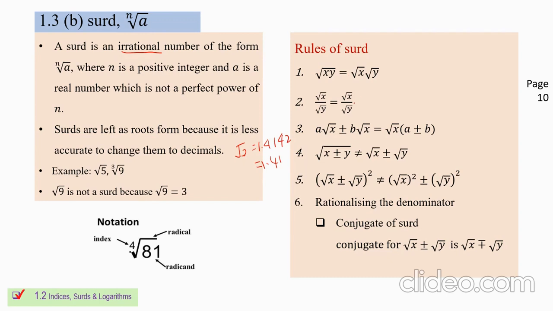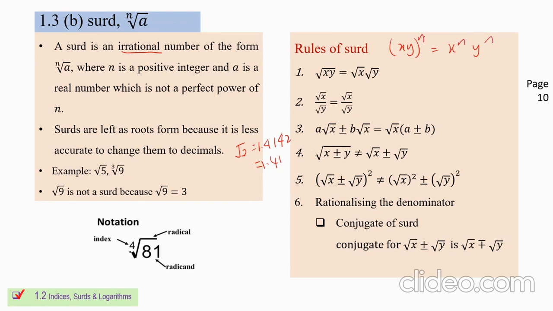When you have the surd of xy, you can separate it to become surd x multiplied by surd y. Just like when you have (xy) to the power of half, it becomes x to the half times y to the half, or generally (xy) to the power of n is x^n y^n.